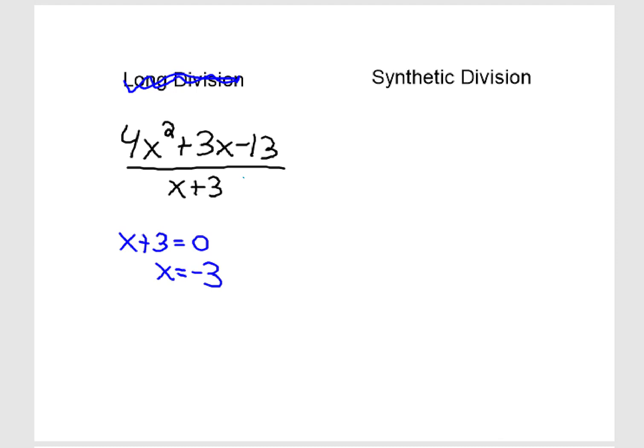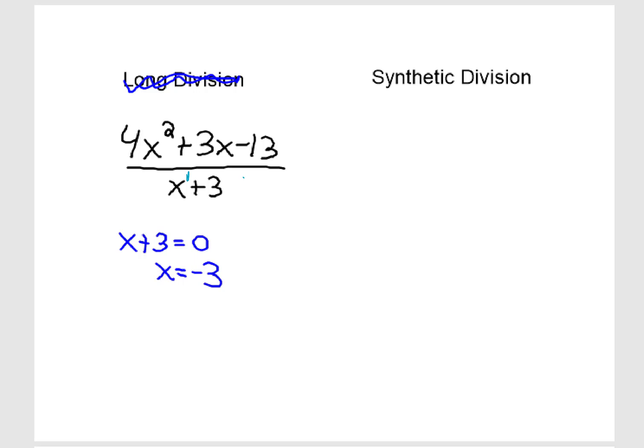Before we actually start working this, let's talk about how to identify scenarios where I can't even use synthetic division. In order for me to use synthetic division, I have to be dividing by a linear factor. So our x in the denominator has to be raised to the first power, which we don't see written, but it's understood.